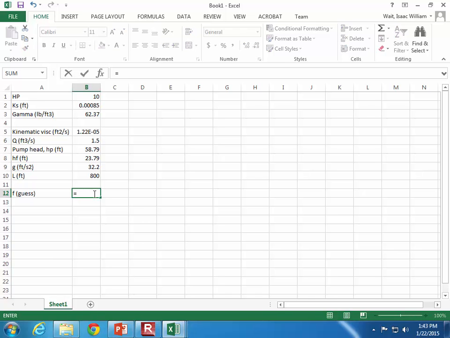So equals 1.325 divided by the ln of K sub S divided by 3.7 divided by D, which I'm going to guess right here.